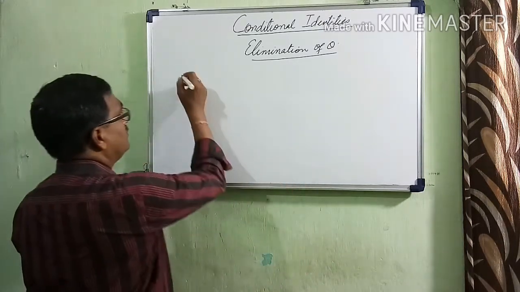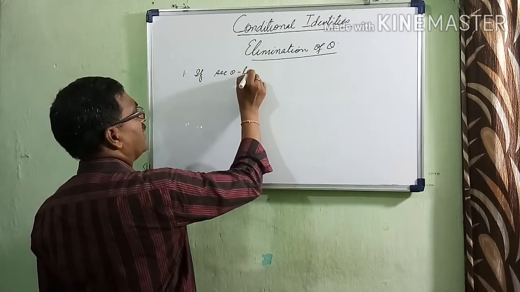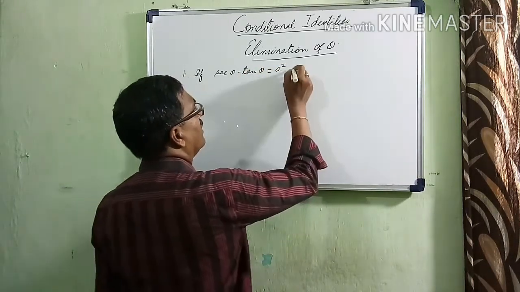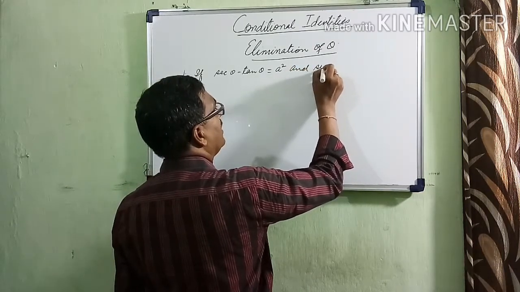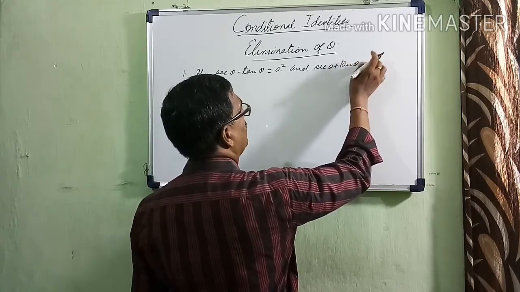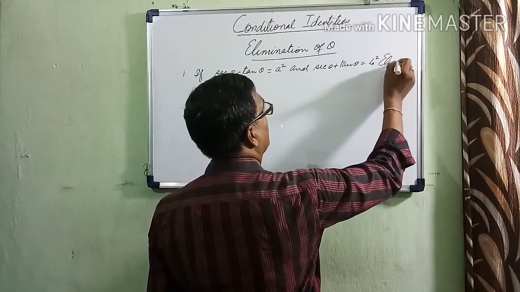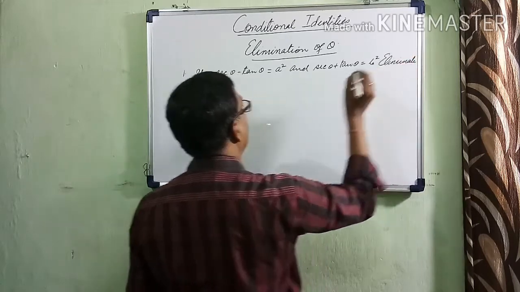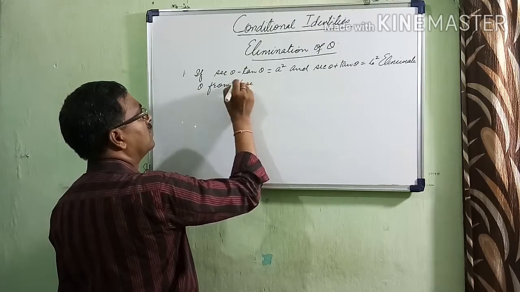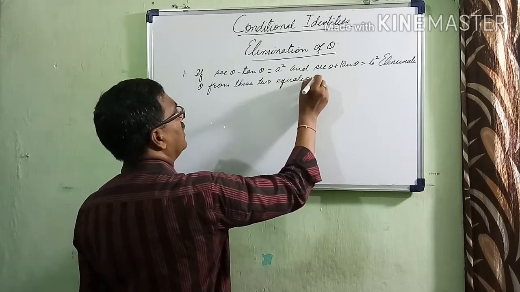The first question: if sec theta minus tan theta is equal to a square and sec theta plus tan theta is equal to b square, eliminate theta from these two equations.